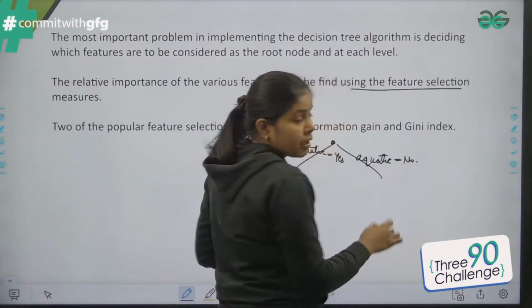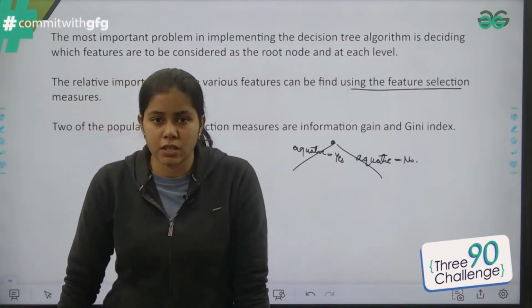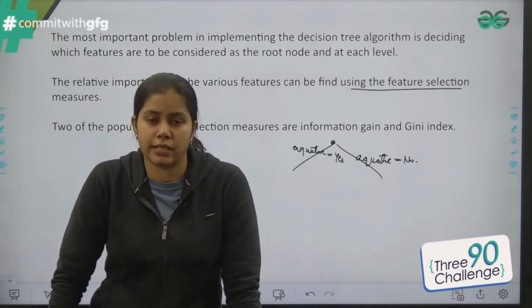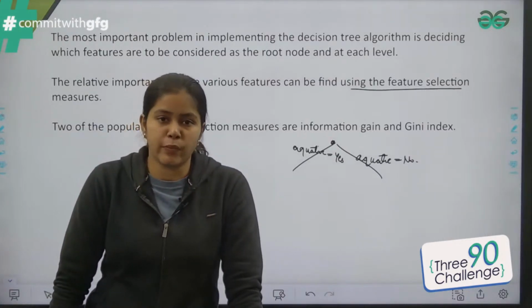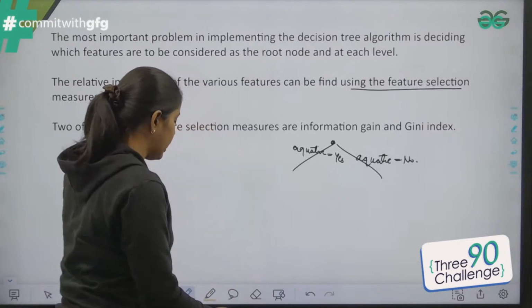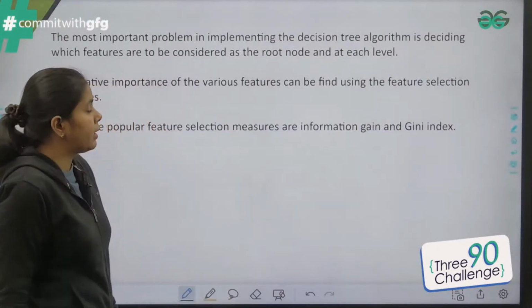Would it be best? Because there are so many options for us to divide that decision tree, to find different decision trees. So which decision tree works best? That I would find out using information gain and Gini index. So let's see how this information gain works.